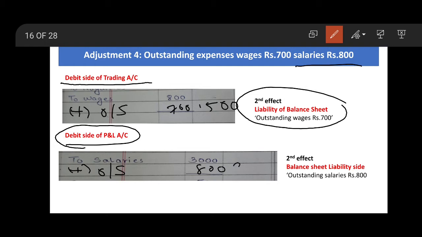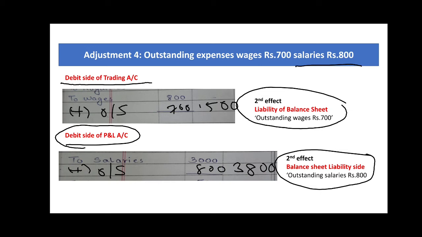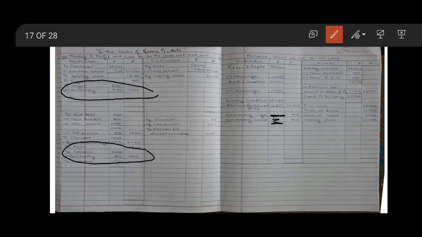Take the total outside, 3800. The second effect, again balance sheet liability side, writing outstanding salaries 800 rupees. So in this way you have presented the outstanding wages and salaries and their next effects.